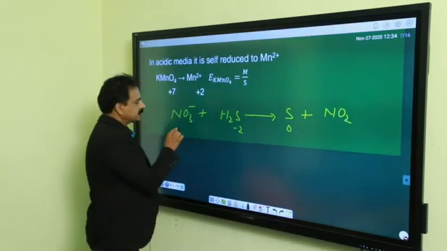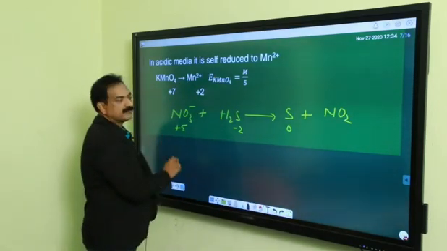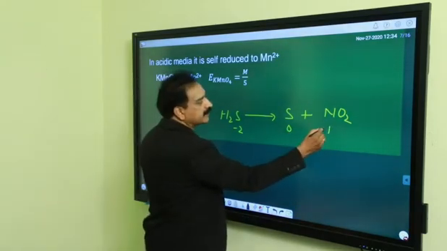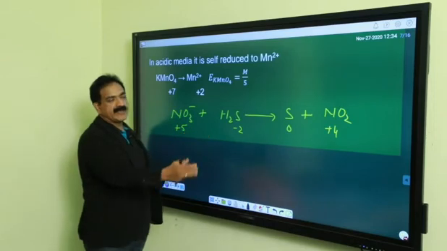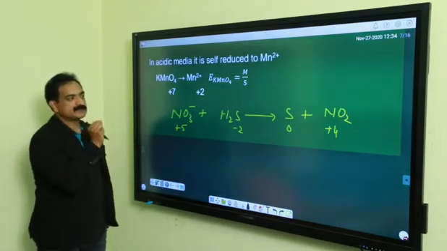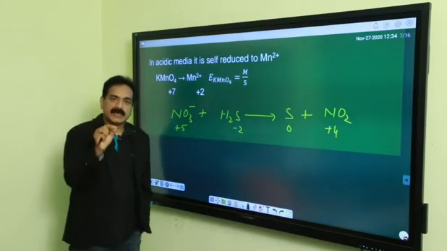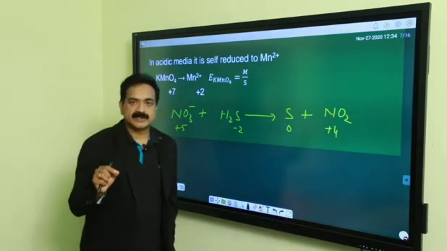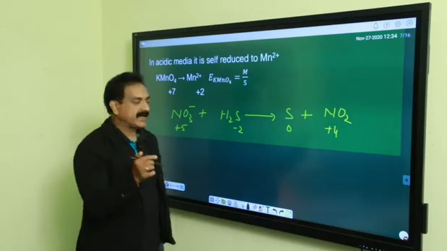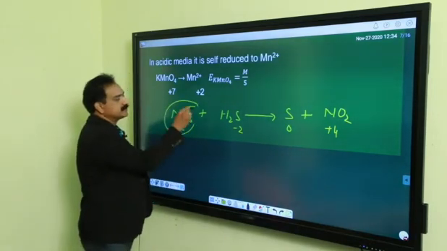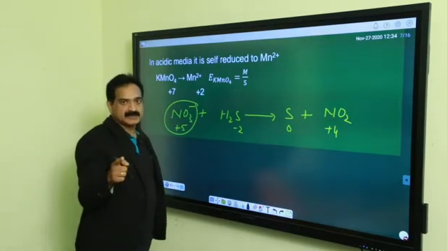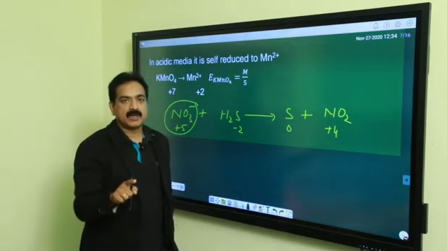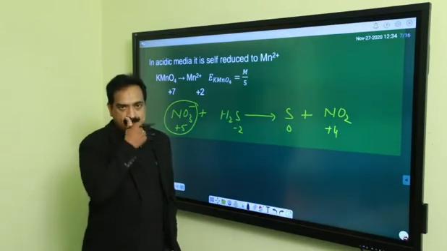In this reaction, if you look at the oxidation state of nitrogen, on the left hand side it is +5, on the right hand side it is +4. So the oxidation state of nitrogen is getting reduced. That means the nitrate ion is reduced, and a species which is reduced during a reaction is called an oxidizing agent.